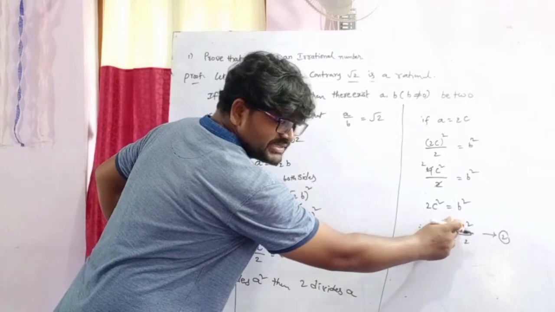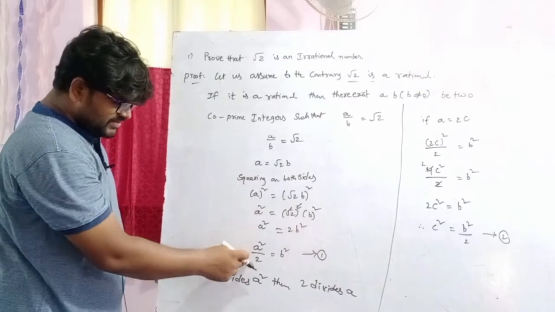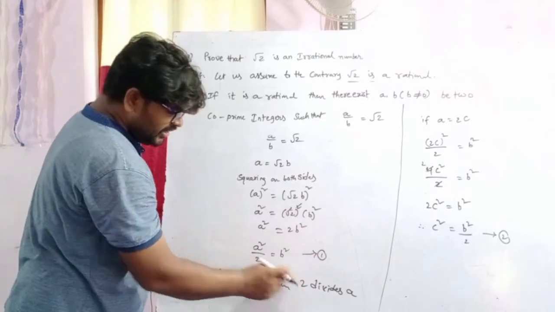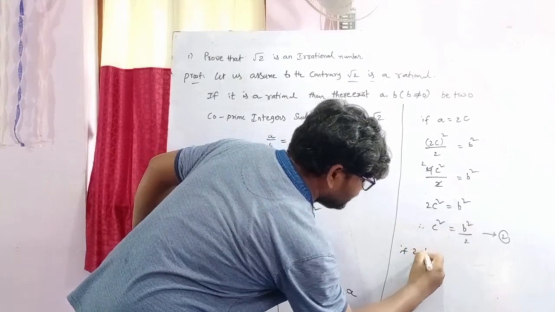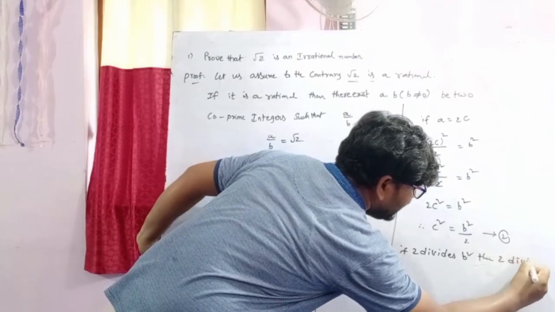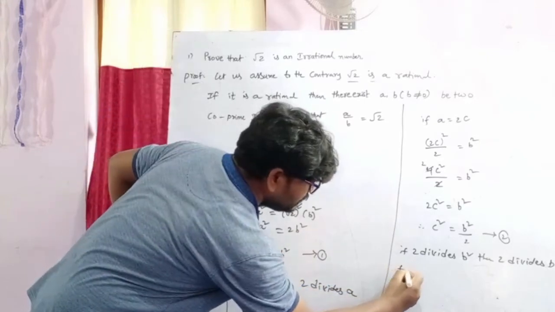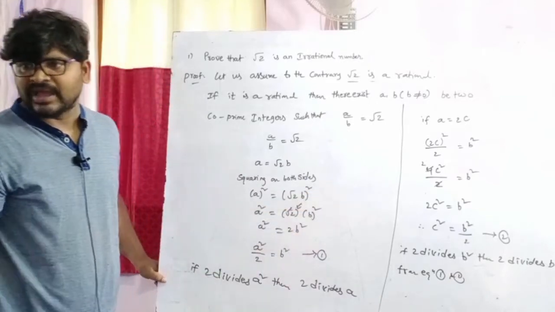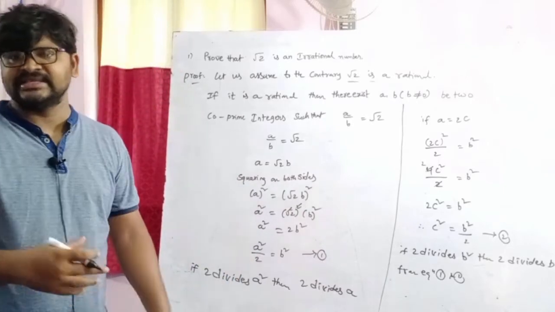Here 2 divides b square, then 2 divides b, like this condition. Here a square by 2 equals b square. If 2 divides a square, then 2 divides a. Here if 2 divides b square, then 2 divides b. From equation 1 and 2, here a and b are co-primes, having 2 as a common factor.